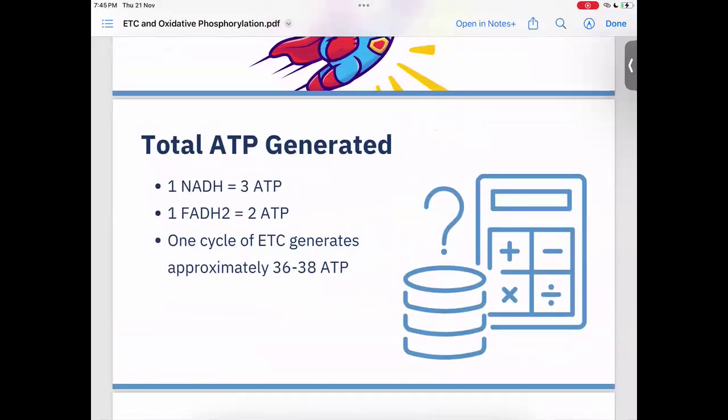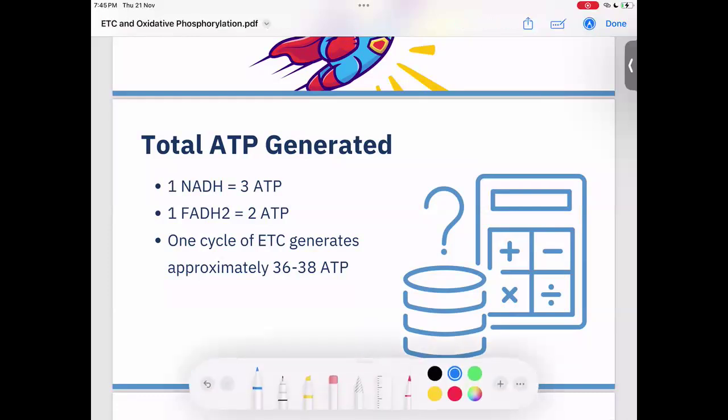Now here are some general calculations for you guys to remember. One NADH molecule delivers some electrons and this ends up producing 3 ATP. One FADH2 produces 2 ATP molecules. You guys can remember that NAD comes from vitamin B3, and so it produces 3 ATP.